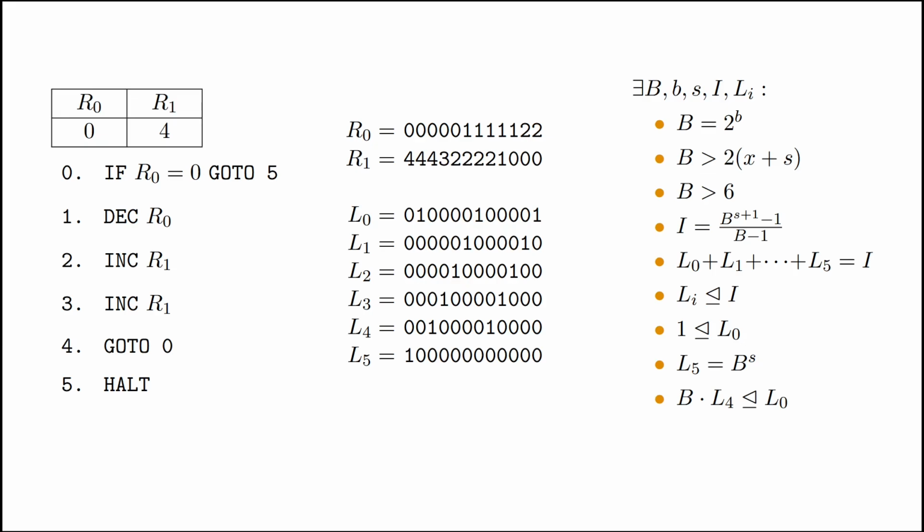Right, b times L4 is going to have ones right after, that is to the left of, positions where L4 has ones, and in these positions we definitely need to be in L0. There might be other ways of getting to line 0. Specifically at the beginning we started at line 0. So we just require that b times L4 be a subset of L0, and this not be an equality.